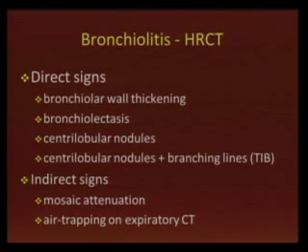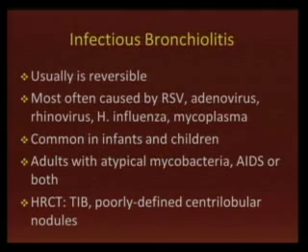You can also see bronchiectasis and bronchiolectasis in the peripheral portion of the lung, and wall thickening of the bronchioles. Among the indirect signs, you have mosaic attenuation, because there is an obstruction of the small airways and a distal air trapping area. On expiratory films, CT or chest X-ray, you can see air trapping in the area of the disease.